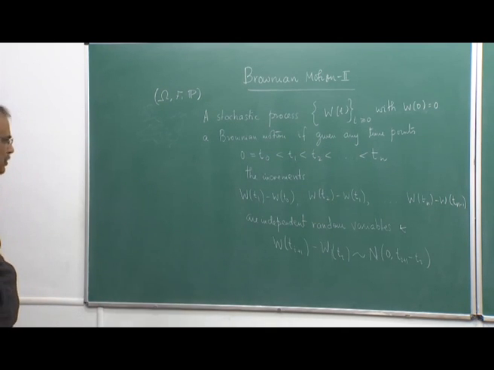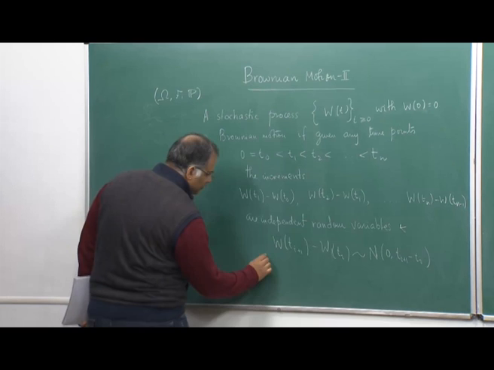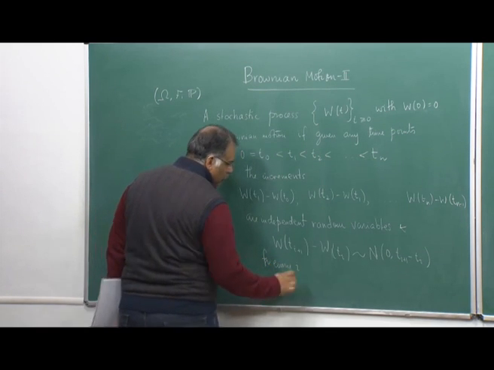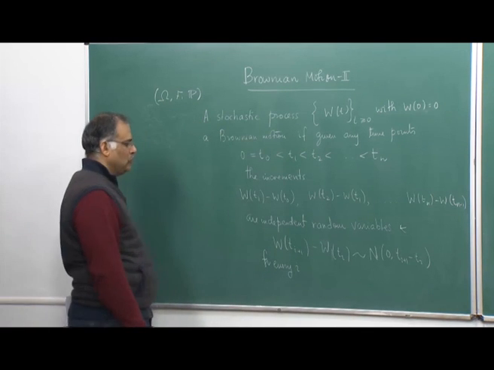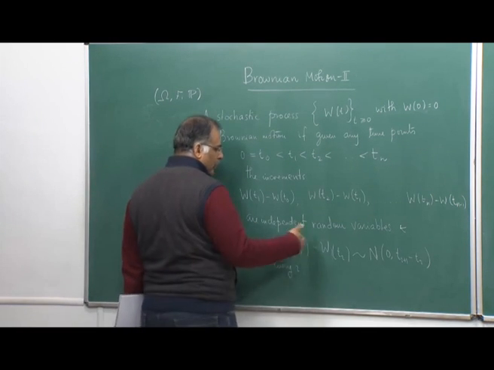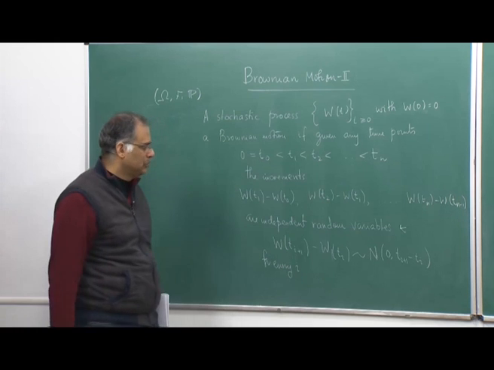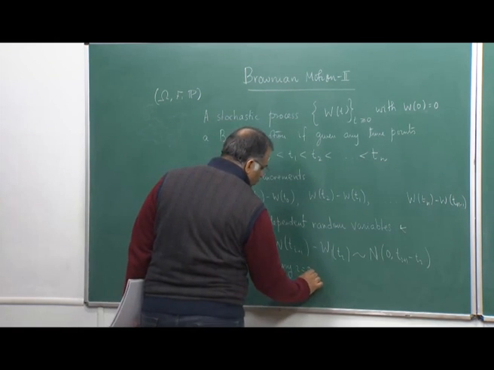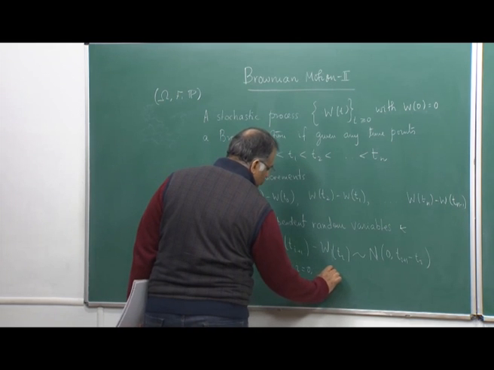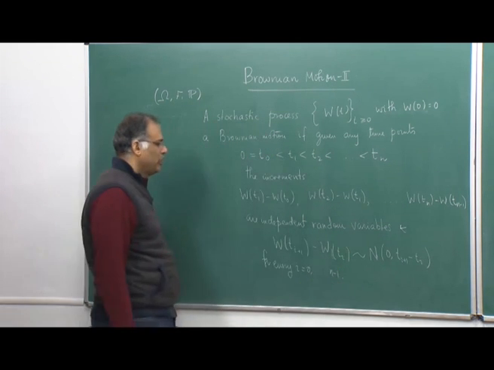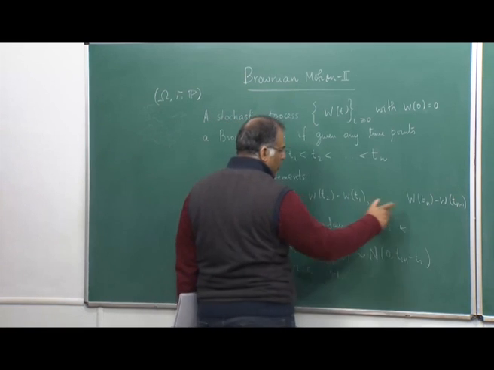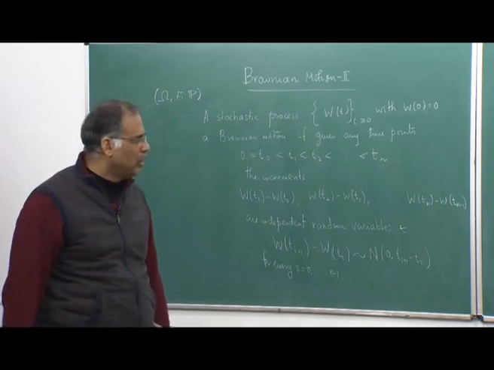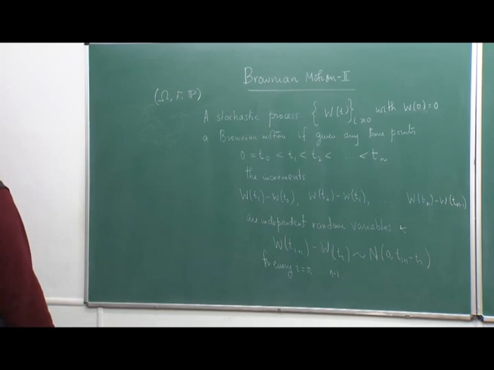Of course, this has to be for every i, starting from i equal to 0 to i equal to n minus 1. So, each of these is following a normal distribution. So, this is what is called Brownian motion.